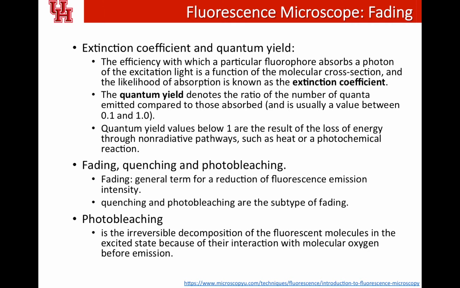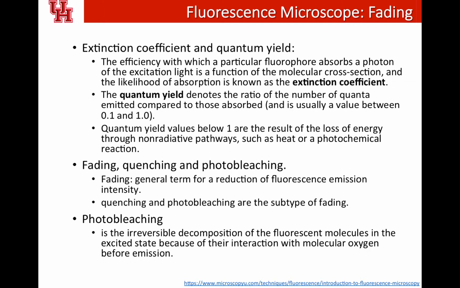If you keep exciting the fluorescent molecule or your sample, the fluorescence emission intensity will decrease over time. That's just the general term called fading. Quenching and photo-bleaching are subtypes of fading, or two types of fading mechanism.